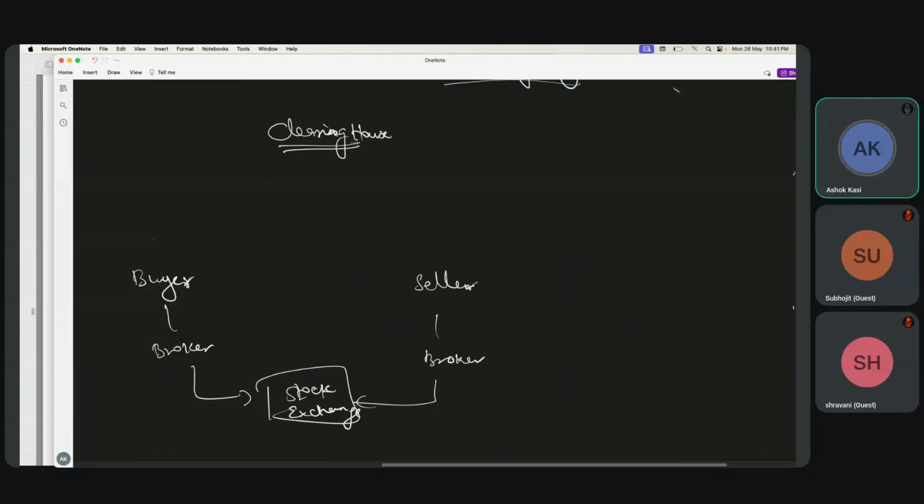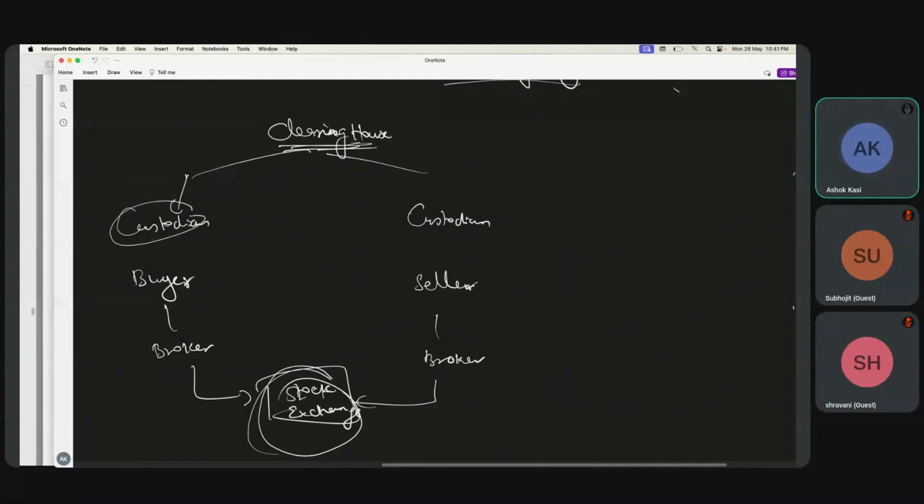Similarly, here also that clearing house is the cash counter. So all transactions will come over here. All the records, all the transactions done in the stock exchange platform will come over here. Then they will coordinate, and they will inform the custodian about the transactions. I'm just shortly explaining without going into the detail.